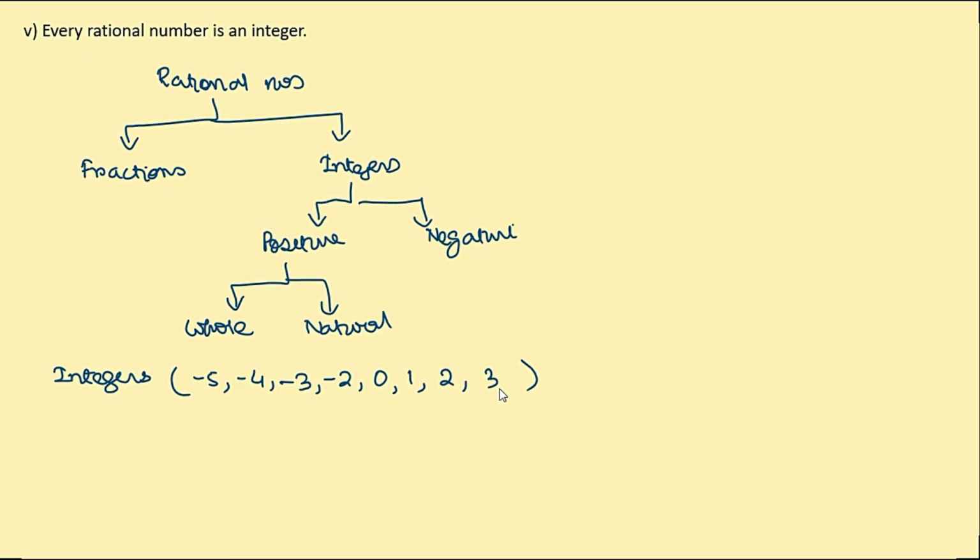Okay, so since fractions are not integers and fraction is a part of rational number, we can say that every rational number is not an integer. So how will you represent the answer?